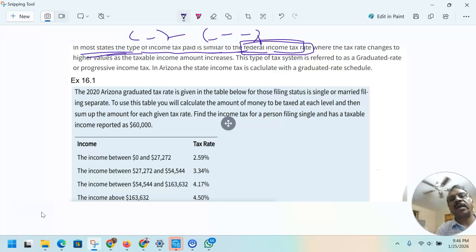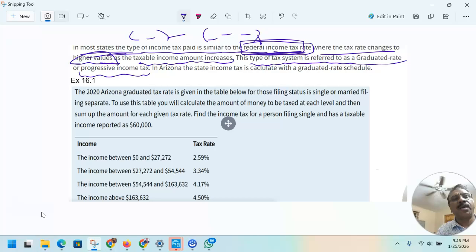States which do like a federal tax, where the tax rate changes to higher values as the taxable income amount increases. This type of tax system is referred to as a graduated rate or progressive income tax. Our Arizona state income tax is calculated exactly like a federal tax.